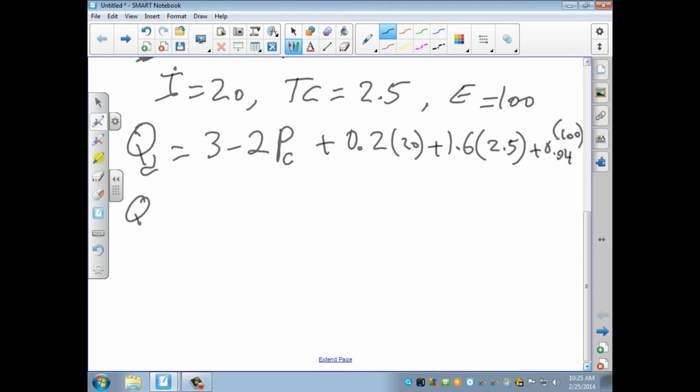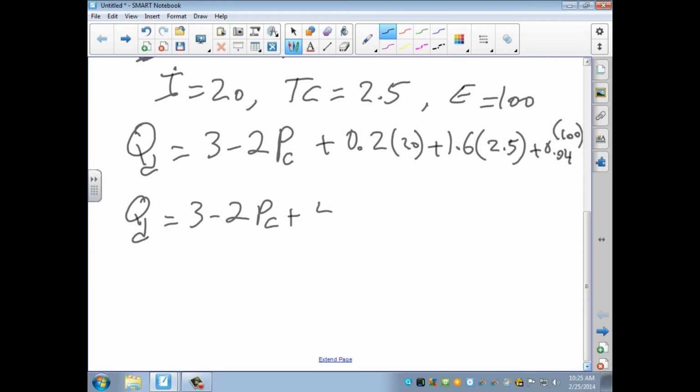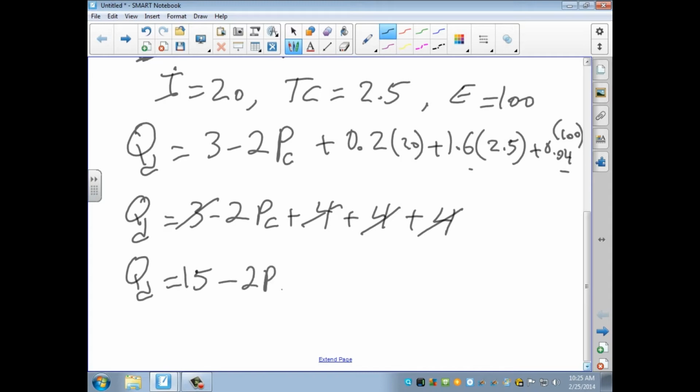Therefore QD would be equal to 3 minus 2 PC plus 0.2 times 20 is 4, plus 1.6 times 2.5 is also 4, and 0.04 times 100 is also 4. Therefore, QD equals 4 plus 4 is 8, plus 4 is 12, plus 3 is 15, minus 2 PC.